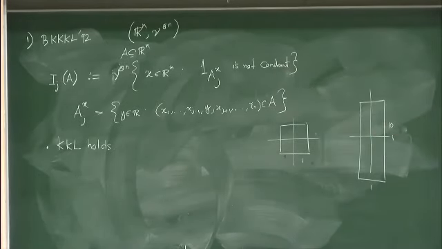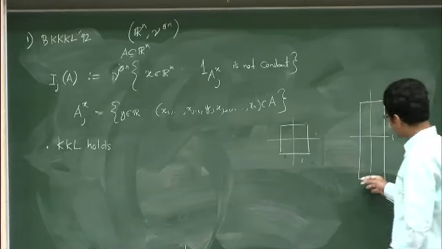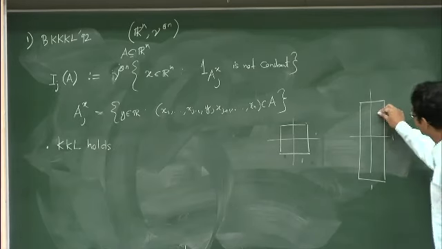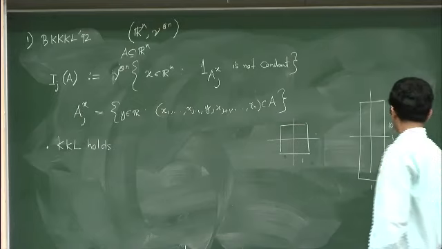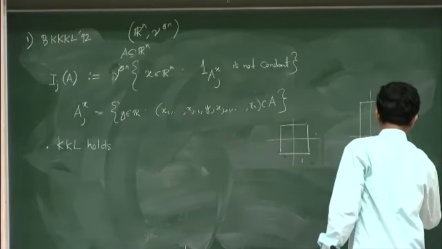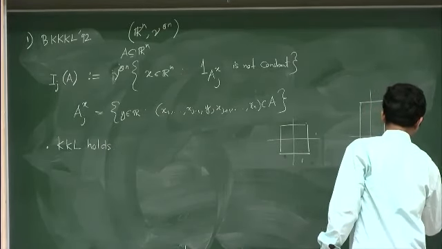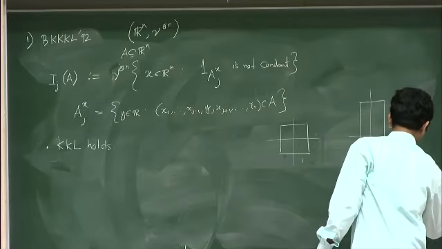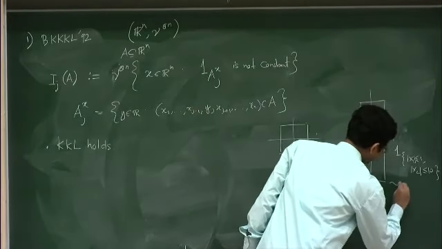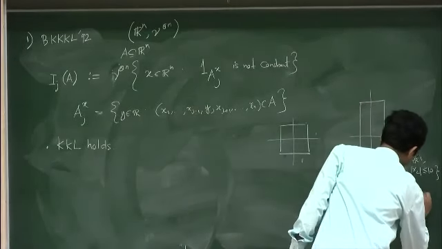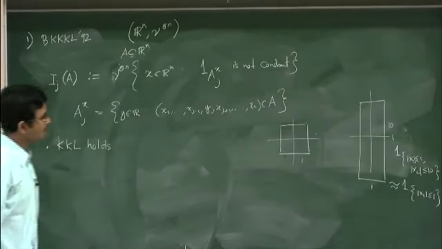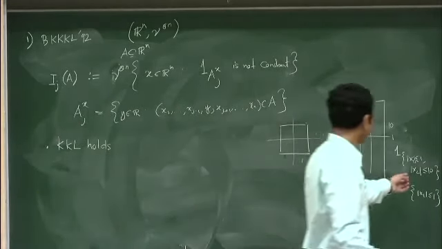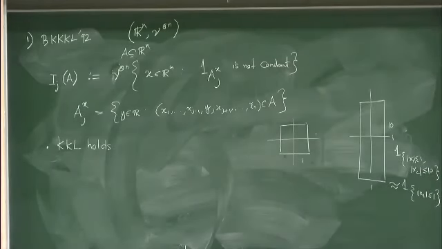But in the Gaussian case, it is very unlikely that x2 is greater than 10 anyway. So this set, which is |x1| less than or equal to 1 and |x2| less than or equal to 10, approximately looks like |x1| less than or equal to 1 in the probabilistic sense, because with high probability |x2| is going to be less than or equal to 10 or maybe 100.